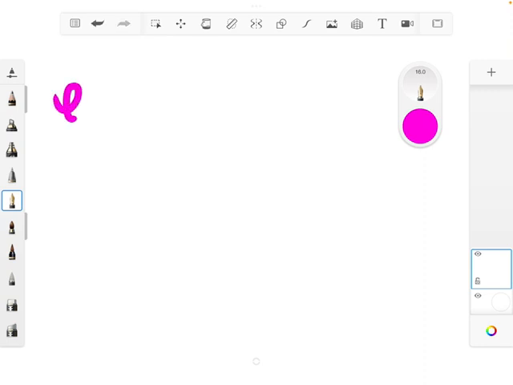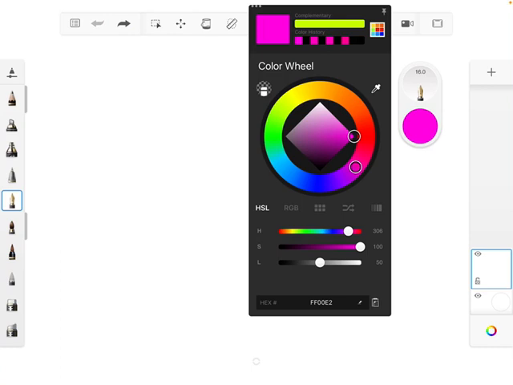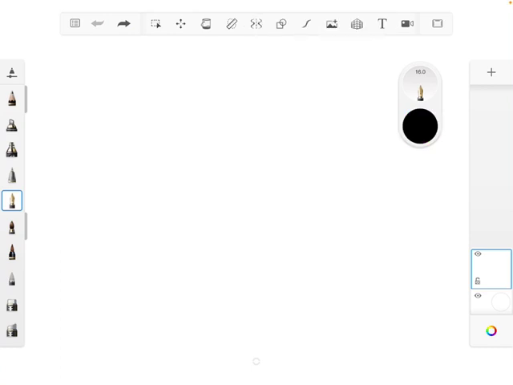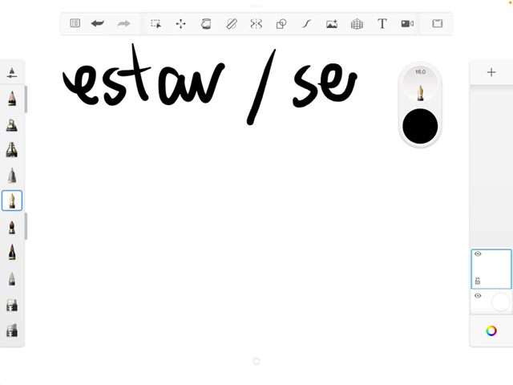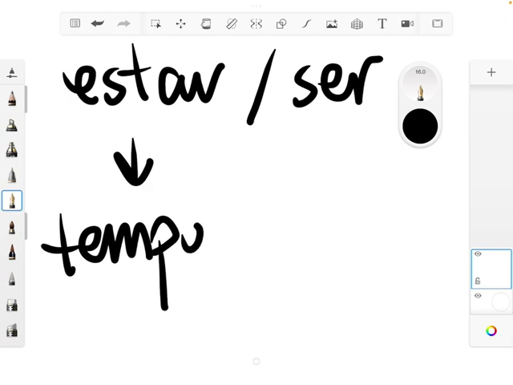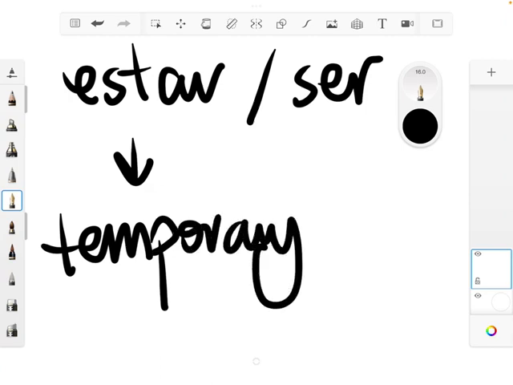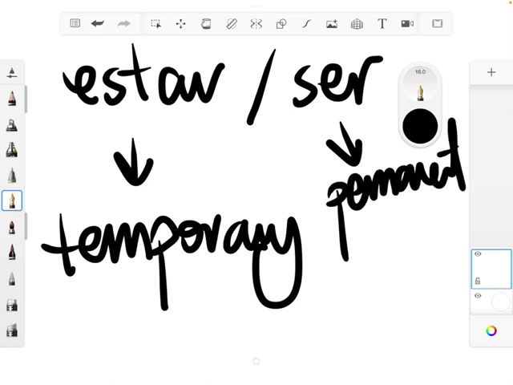One way that I have found helpful to think about estar versus ser is that estar is more temporary versus ser is more permanent. By that, I mean that estar would be like a transitory state of being, versus ser, which is for a more permanent state of being.